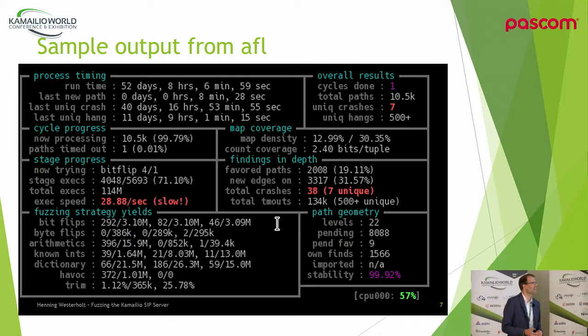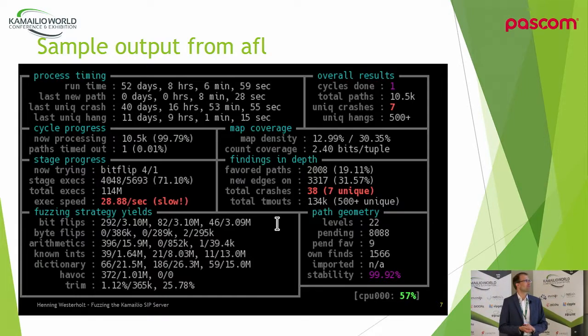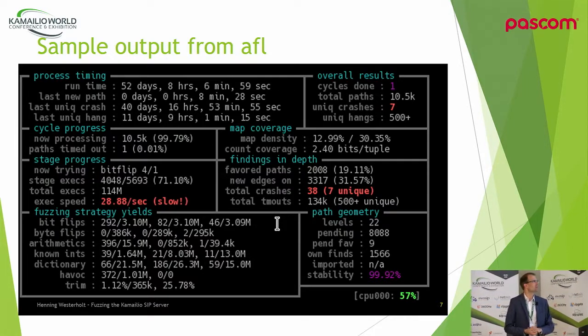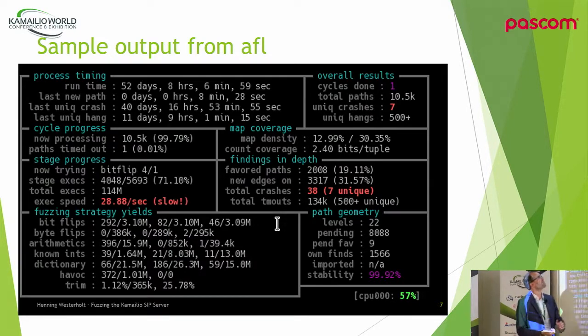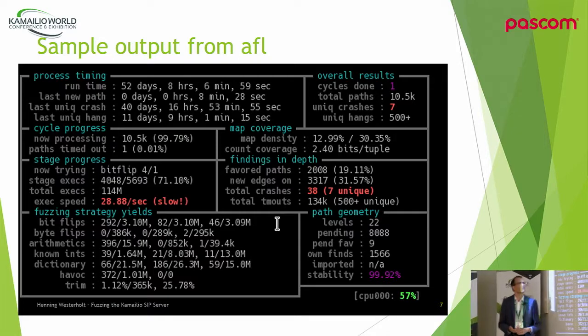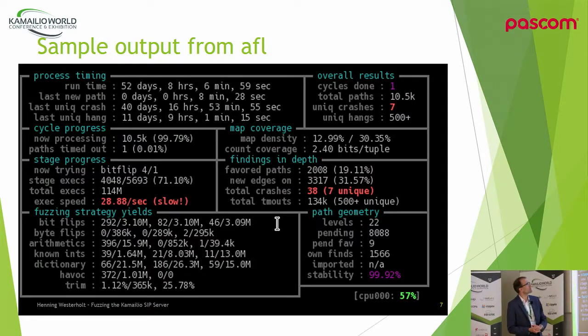So it looks like this. I will show it again later, what all the different things mean. It's a bit complicated, but maybe interesting for you at the moment is that in this case, when I took the screenshots, it ran over 52 days. It tested, let me see, some millions, where is it.